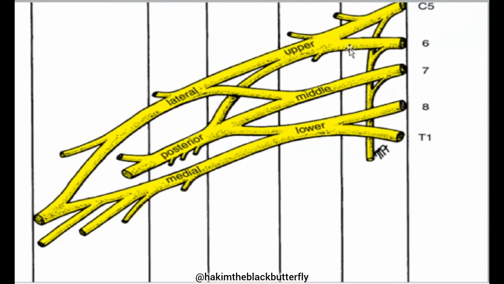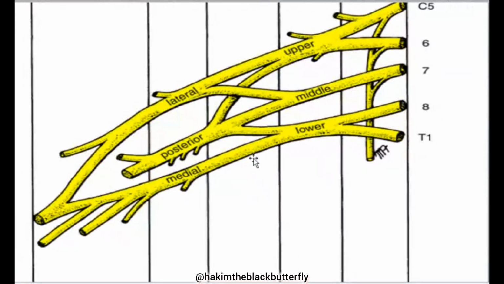C5 joins C6 to form the superior or upper trunk. C7 continues as the middle trunk without joining with any other root. C8 and T1 will join to form the lower trunk. These are the roots, these are the trunks. They are in the root of the neck.